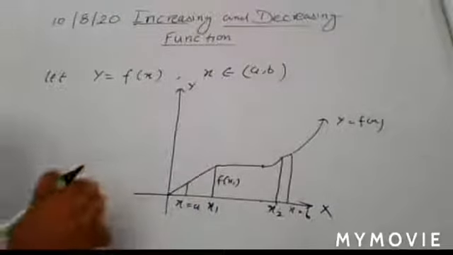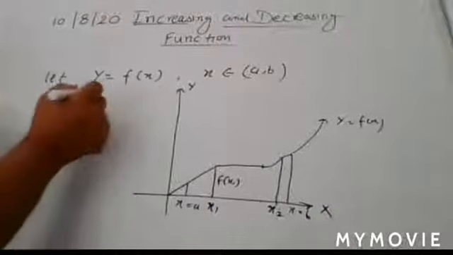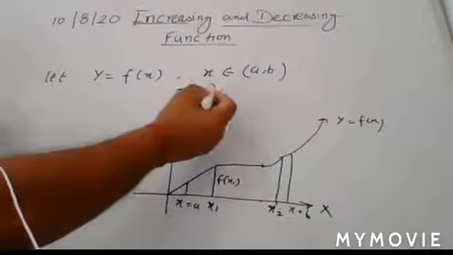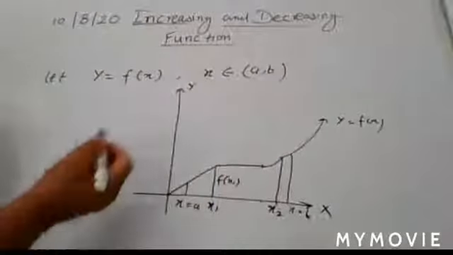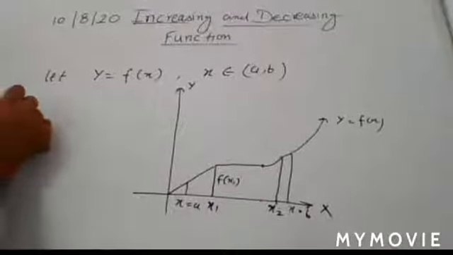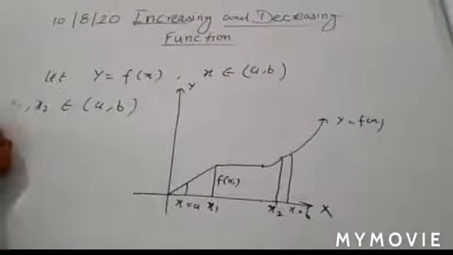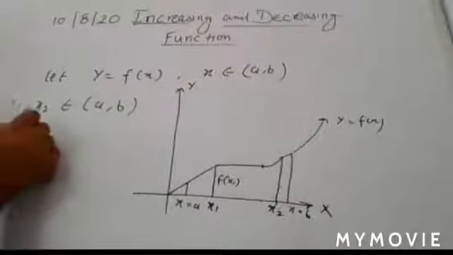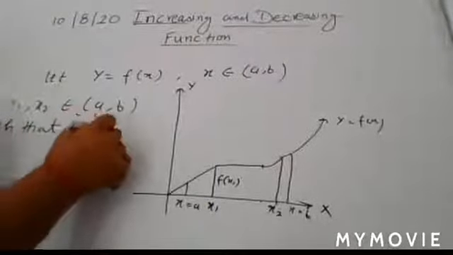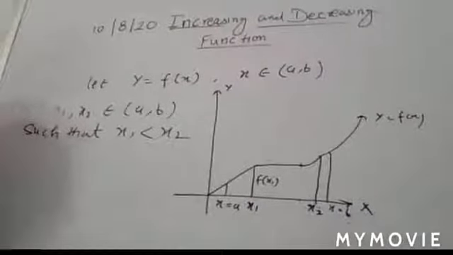For an increasing function, you define it as follows. Let y is equal to f(x) and x belongs to (a, b), and you take x1, x2 belonging to (a, b) such that x1 is less than x2. Understand?